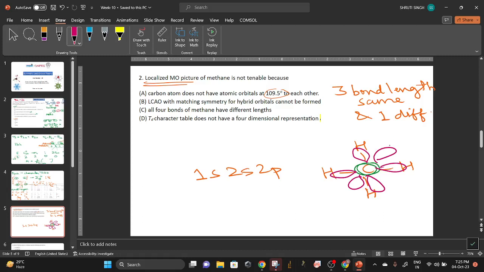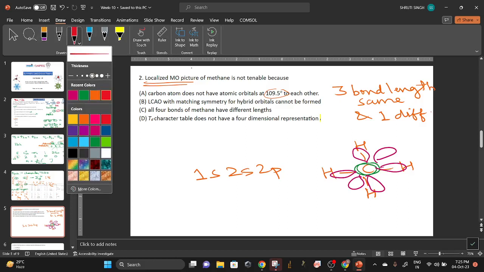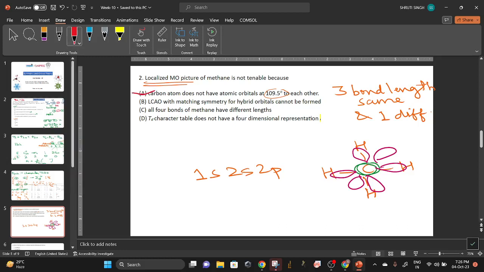None of them are at 109.5 degrees to each other. All the p orbitals are at 90 degrees, and the s is spherically symmetric. So directly, the carbon atom cannot form the bonds as it is. So the first statement about the localized MO picture is true: the atomic orbitals are not at the correct orientation or direction, so they cannot form localized bonds. So the first is correct.